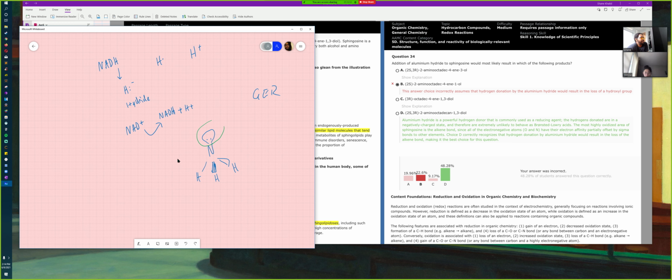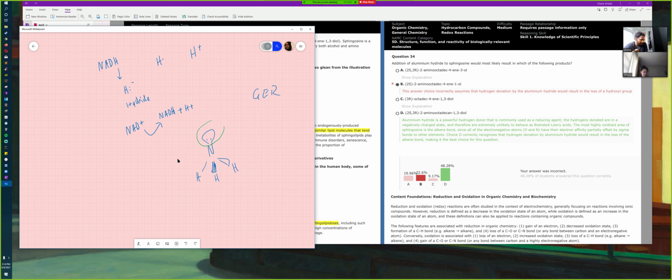So I guess you're thinking about ammonium, maybe. No, like NAD plus, if it turns into NADH, then it's reduced. But remember, that's a hydride right there. It's not really gaining a proton; it's gaining an electron.